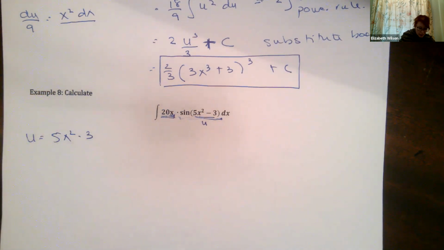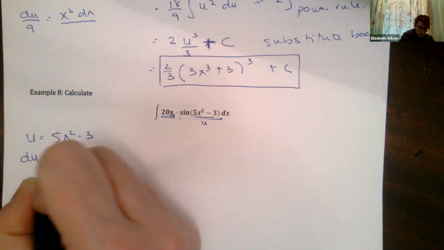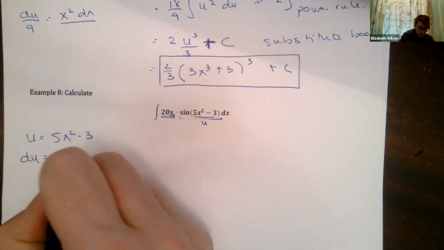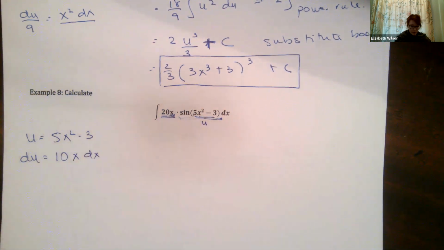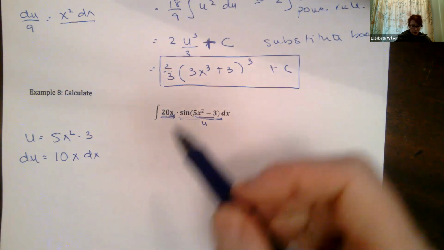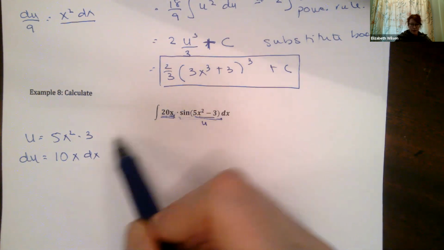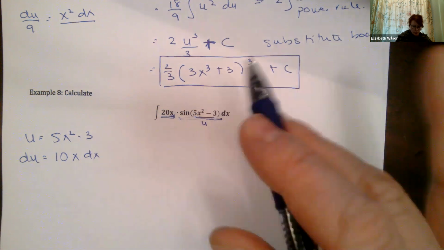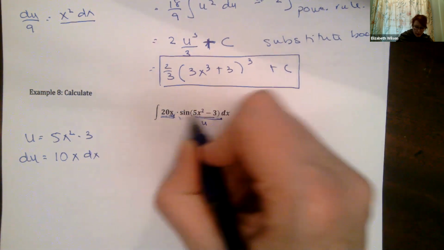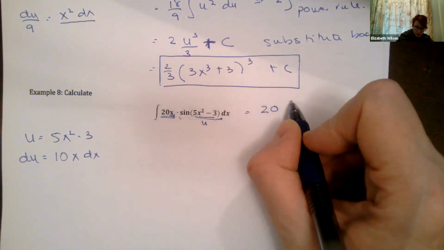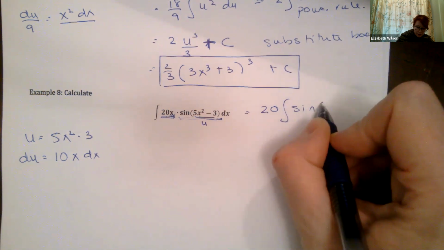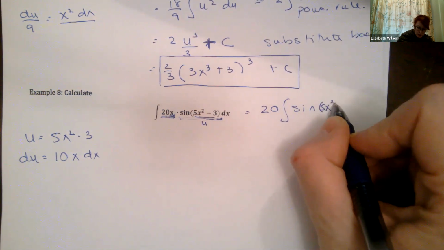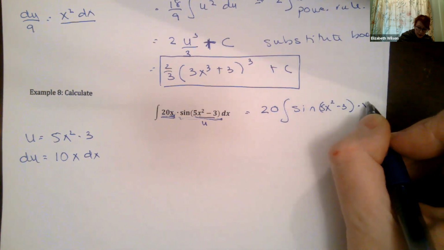Now I need to take the derivative. du equals 5 times 2, that's 10x dx. So this is a case where I have 20x, but I have 10x here. To keep it simple for myself, I'm going to rewrite this. I'm going to bring the 20 out front. I've got sine of 5x squared minus 3 times, I'm going to write this as x dx.